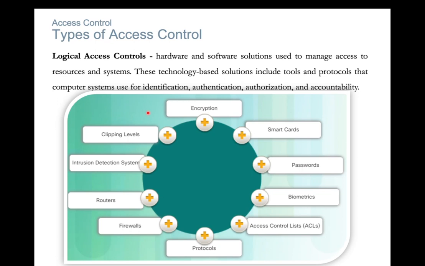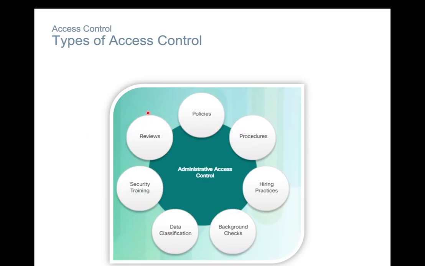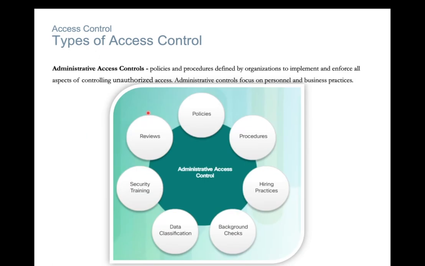Next, another type of control. First we have seen the physical access control and the logical access control, and you will have the administrative access control. The third one is the administrative access control: the policies and procedures defined by any organization to implement and enforce, for all their employees or staff, all aspects of controlling unauthorized access.